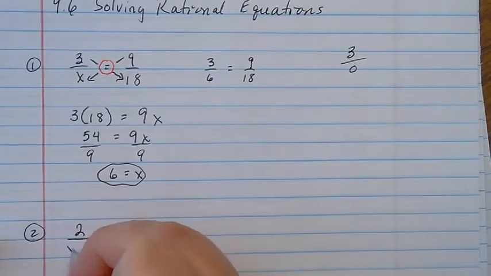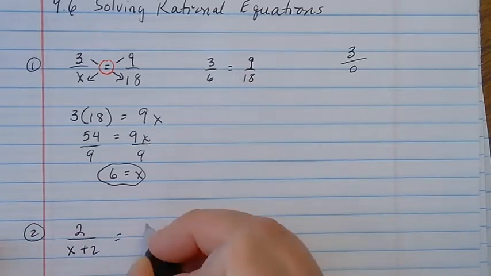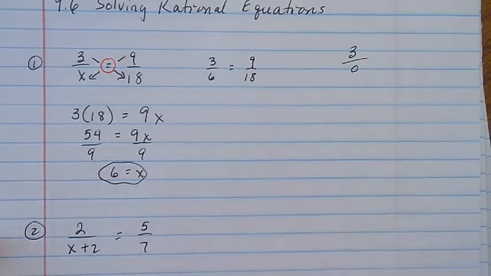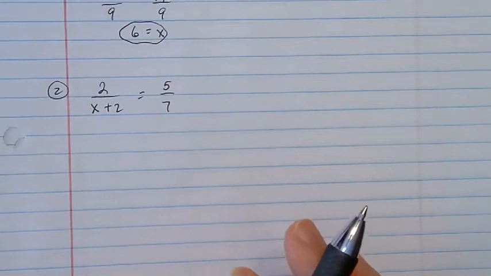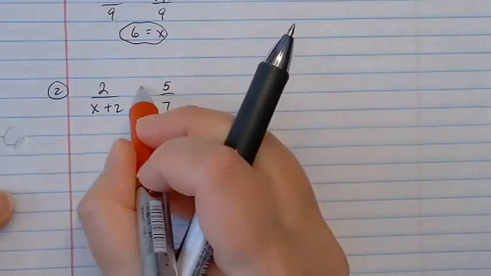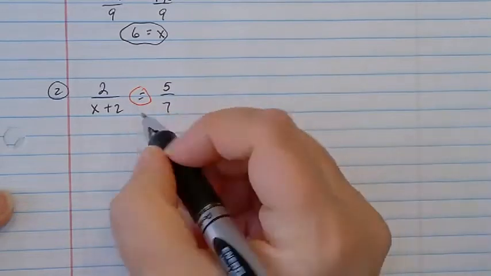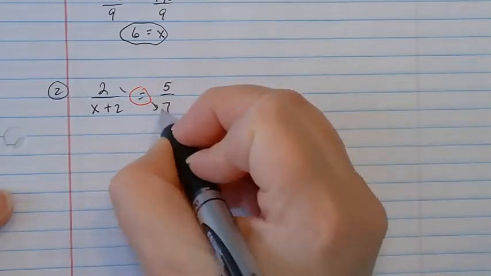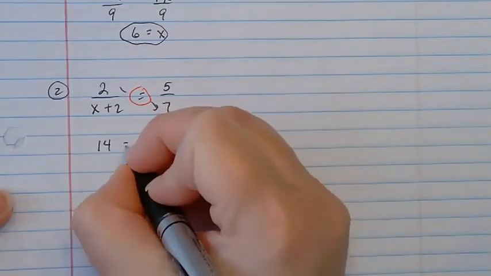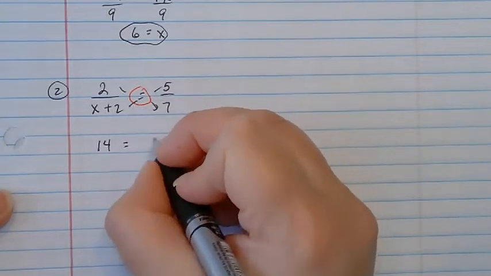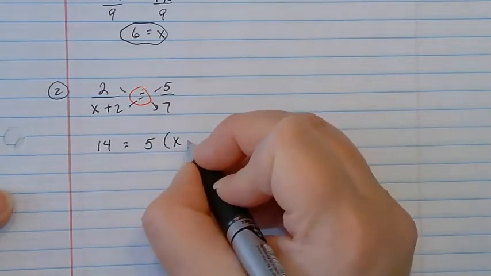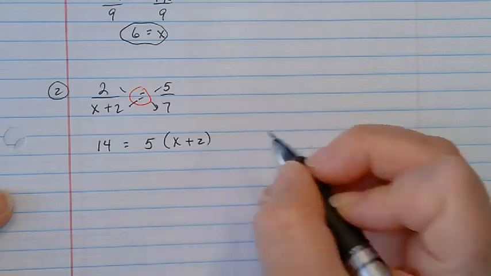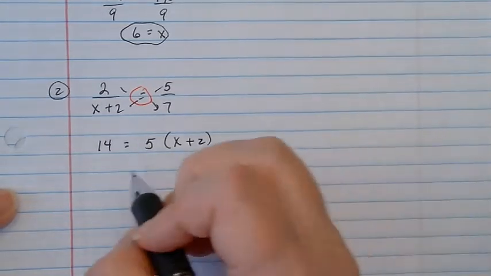Let's do another example. 2 over x plus 2 equals 5 over 7. Same thing on this one. We have a proportion. We know that these two fractions are equal. Since they're equal, I can cross multiply. 2 times 7, which is 14, equals 5 times (x plus 2). I want to make sure I put the 5 on the outside and the x plus 2 on the inside.